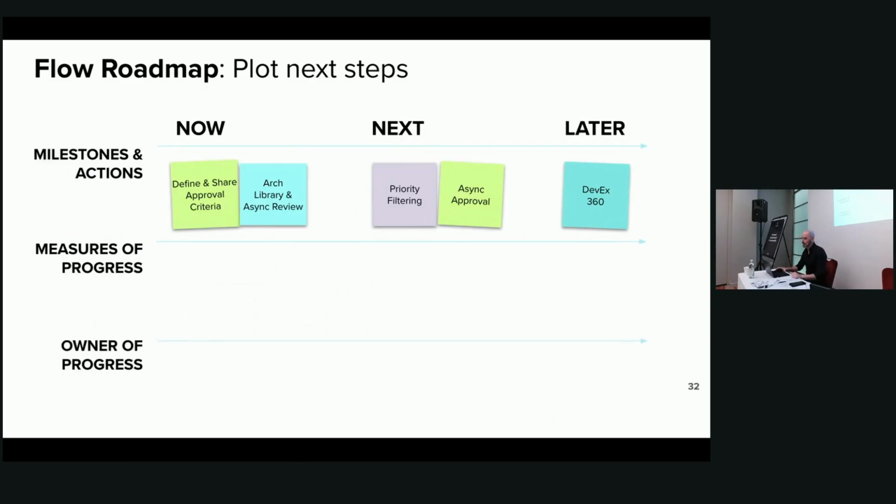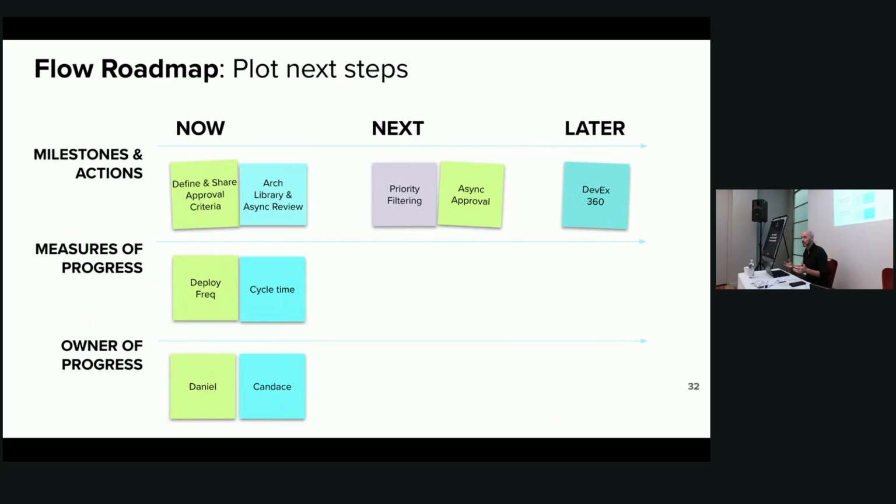And so the other dimension that I think is really important is owners. So having clear definition of ownership so that when we set these things on our roadmap, we understand how we're going to know that this is getting done, that we're making progress, that we can demonstrate some progress.